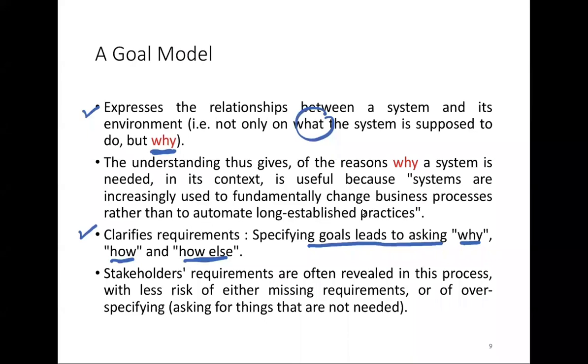That means you are trying to ask for things that are not needed. So modeling goals in the early stage of the requirement engineering process is very important, so you guarantee that you will end up with a minimum risk of missing any requirements.